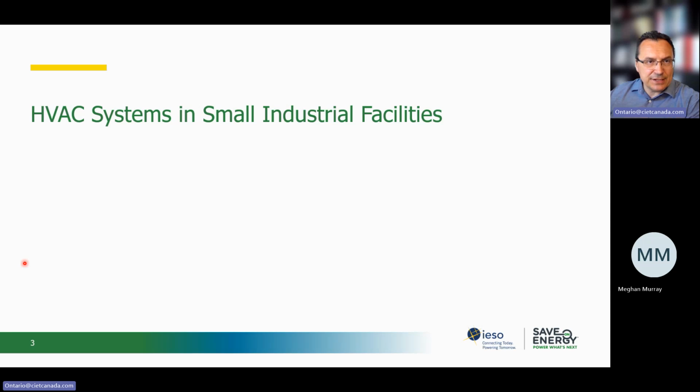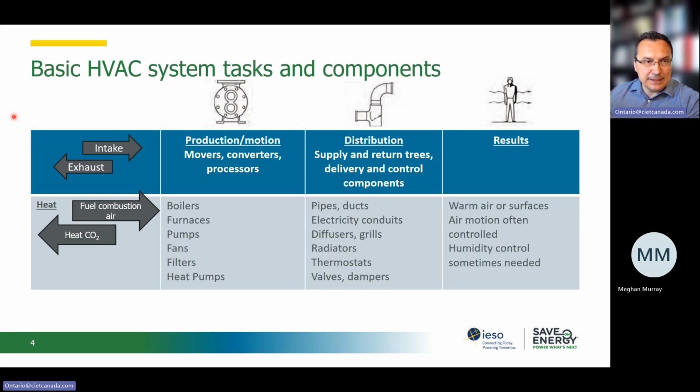We are going to first review general concepts of HVAC systems in industrial facilities, and to better understand what purpose the HVAC systems serve in industrial facilities, we can look at this chart that starts from the results, which are focused on the comfort we want to offer to our occupants, moves on to the distribution systems.